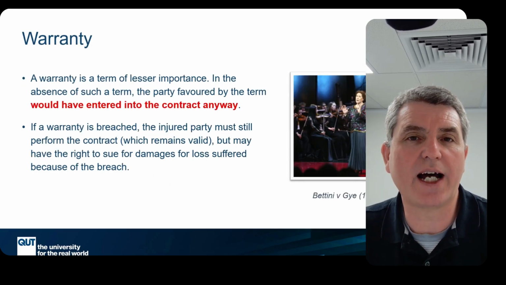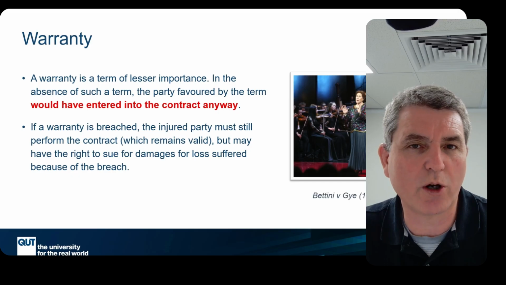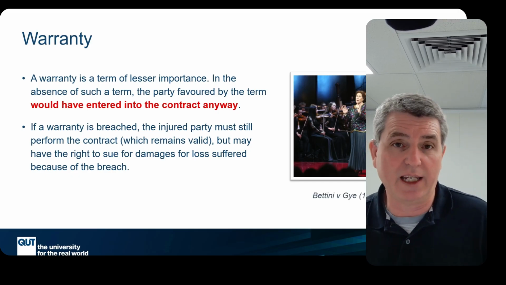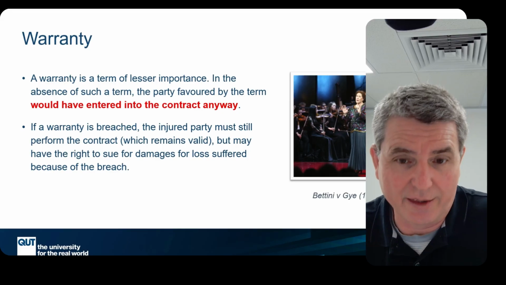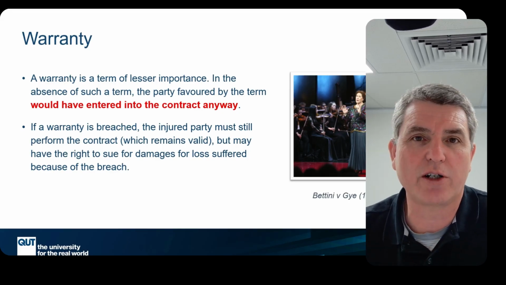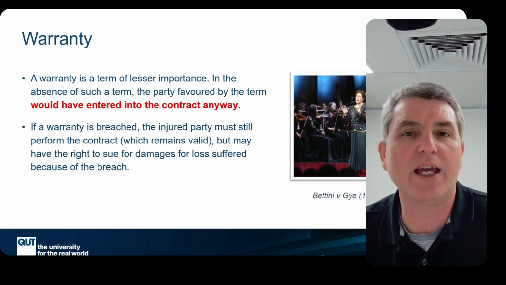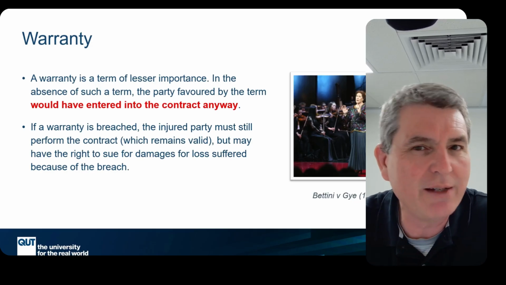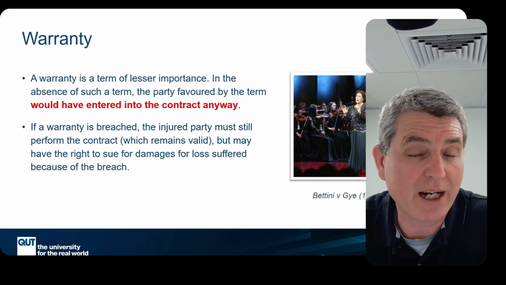Now, terms that are of lesser importance are called warranties. This can be a little bit confusing because most people, when they hear the word warranty, start to think of some extended electrical appliance guarantee that you get from your local retailer like Harvey Norman. That's not what we mean by warranty when we're talking about contract law.